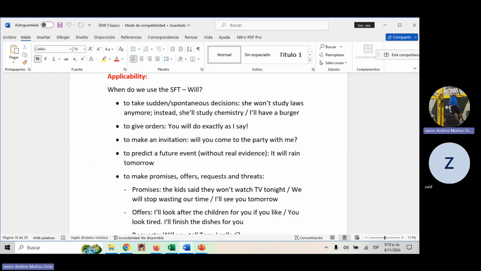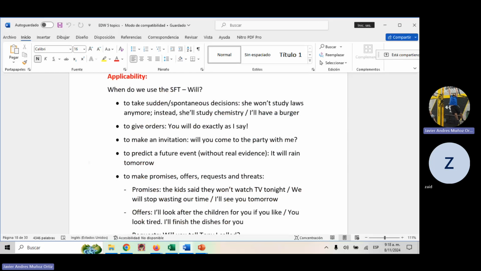Also to give orders, I'm not going to focus a lot on this because this is not very common. To make invitations, once again, this is not very common. It's used to make invitations, especially in an indirect way. And these other two are the most important, in terms of use. To predict the future, we already mentioned this, but we are predicting the future without real evidence.